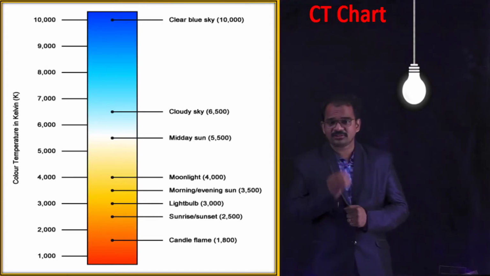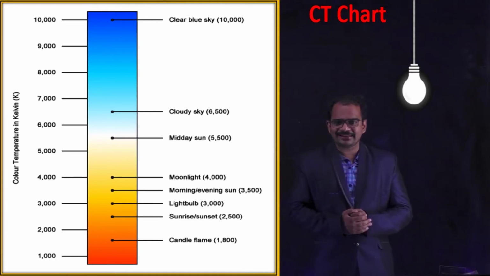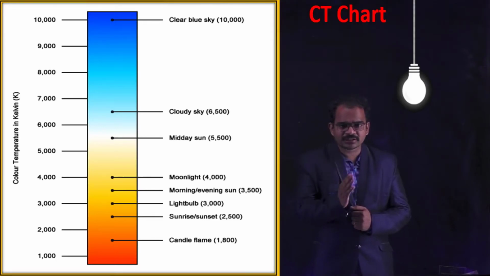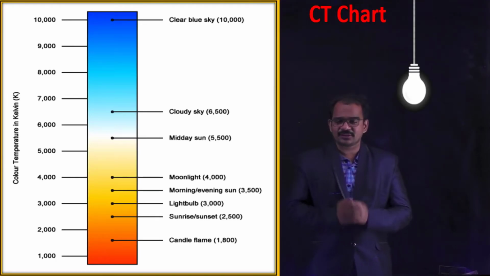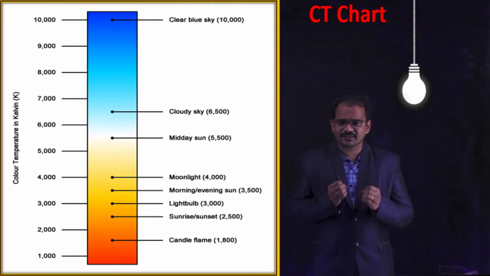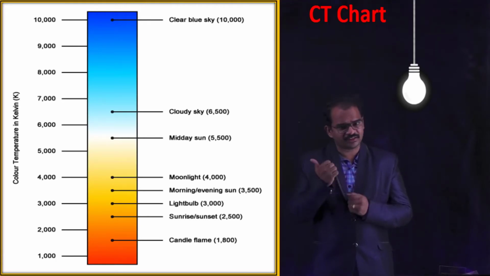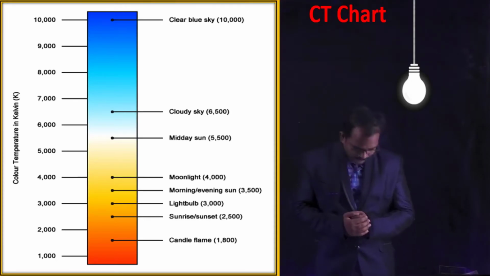If you come down, there is a light bulb, an incandescent light bulb, which will give you a yellowish color. That has a color temperature of 3,000 Kelvin. If you still come down, there is sunrise and sunset. The sunrise and sunset will appear in the color shown in the figure, and that color has a color temperature of 2,500 Kelvin.